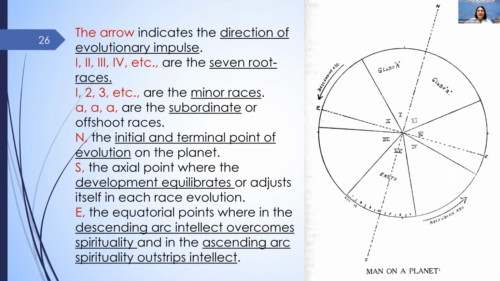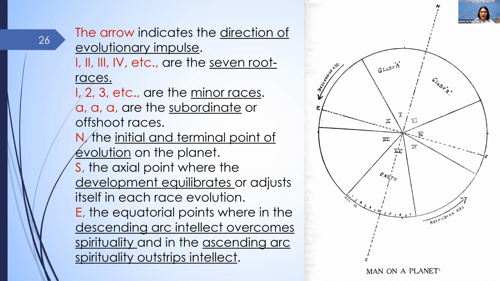Then we also have the equatorial points. So if you see the horizontal line, which is slightly inclined here, it is given by E. So these equatorial points, they are basically the point in the descending arc where the intellect or the mind overcomes spirituality because it is descending.